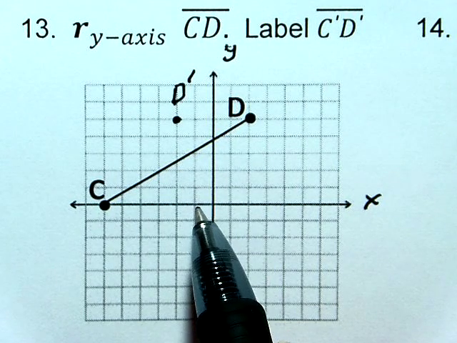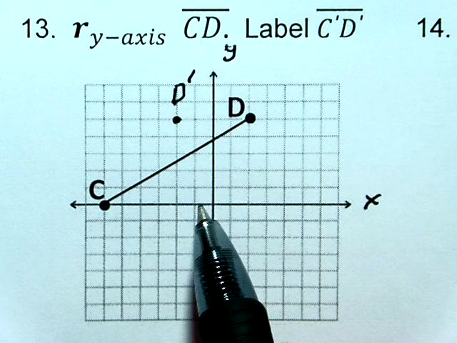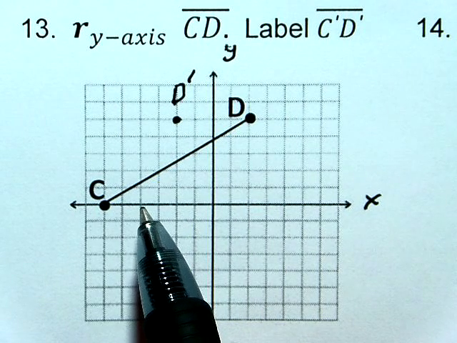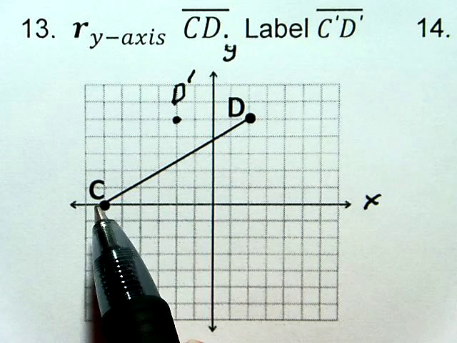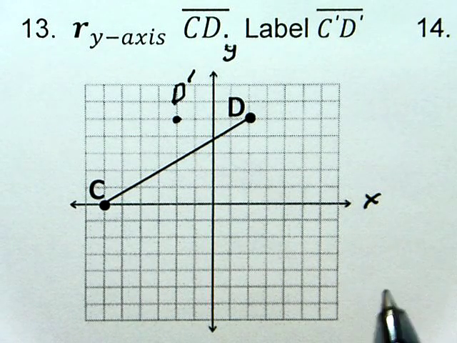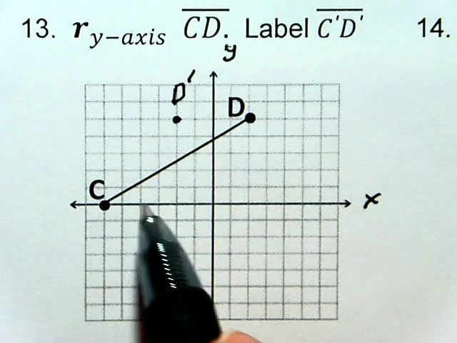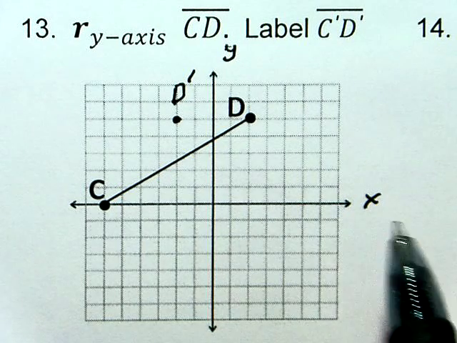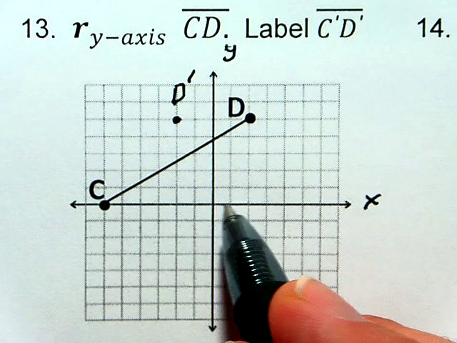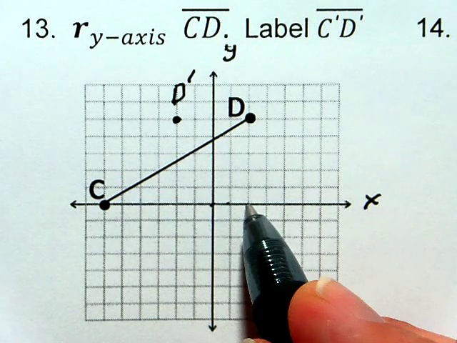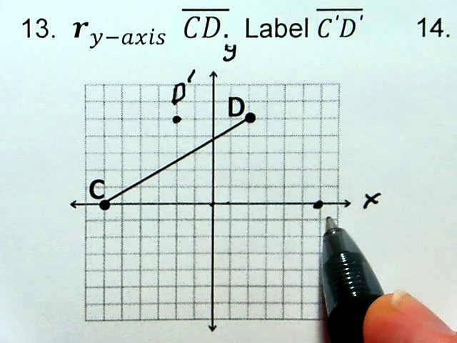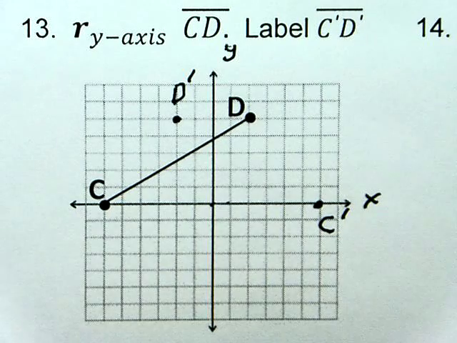So point C is how many units to the left of the y-axis? 1, 2, 3, 4, 5, 6. So point C prime has to be 6 units to the right of the y-axis on the same horizontal line, which is the x-axis here. So we're going to move 6 points to the right from the origin. 1, 2, 3, 4, 5, 6, and that's going to be C prime.